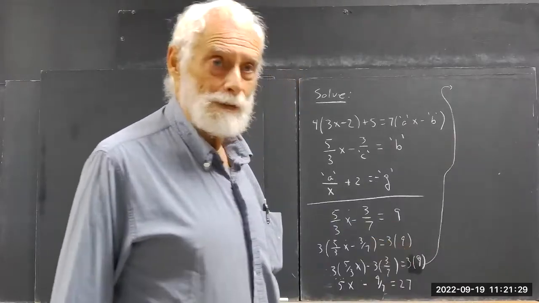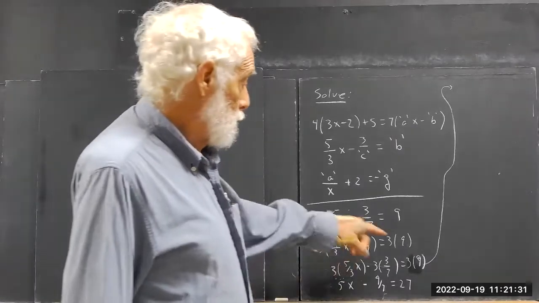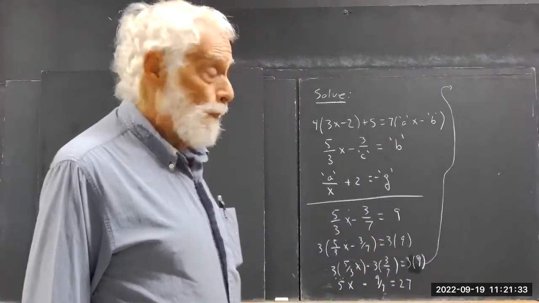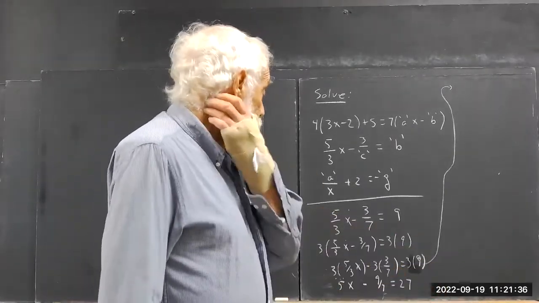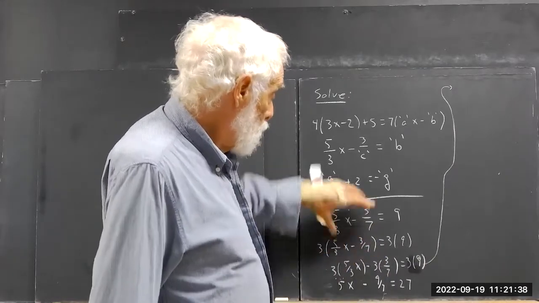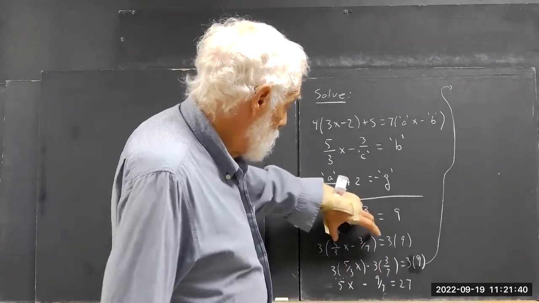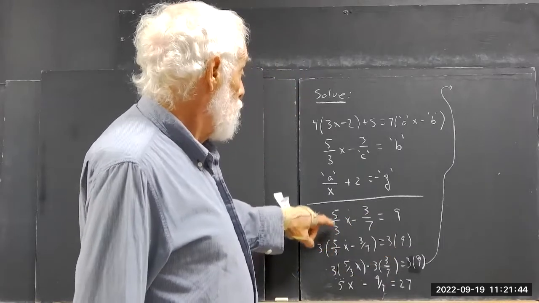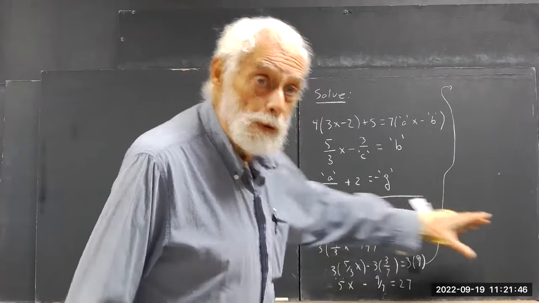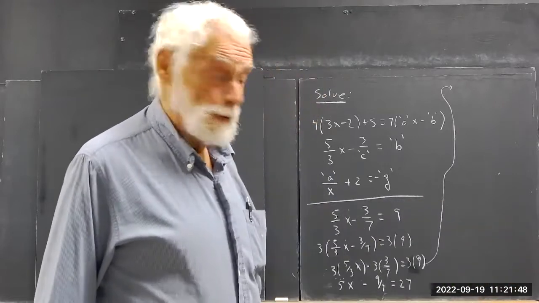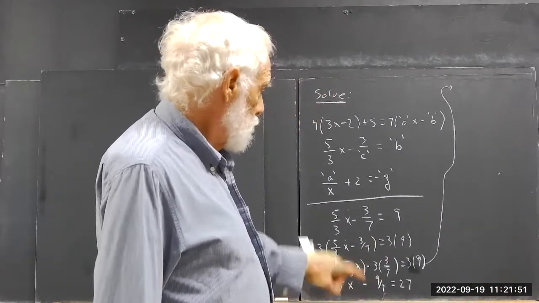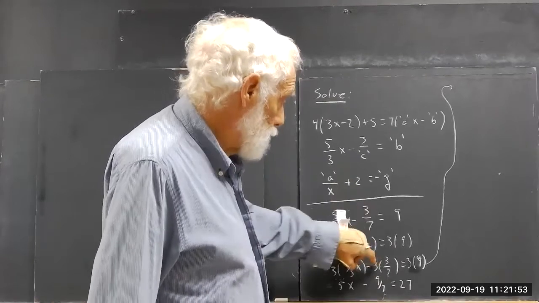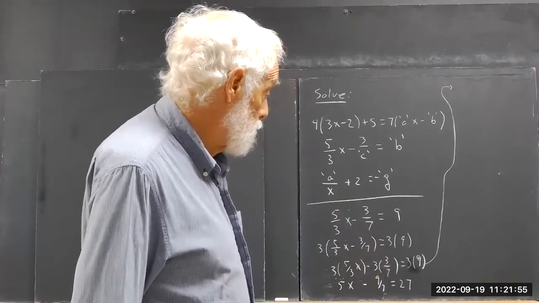I'll probably leave it the way I had it, but you could do it in either form, because everything is equivalent. Everything in this equation, the whole side here, has been multiplied by 3. We applied the distributive law. We didn't just multiply the 5/3 x by 3. We multiplied both sides by 3. So the distributive law ended up multiplying the -3/7 by 3 to give us 9/7.